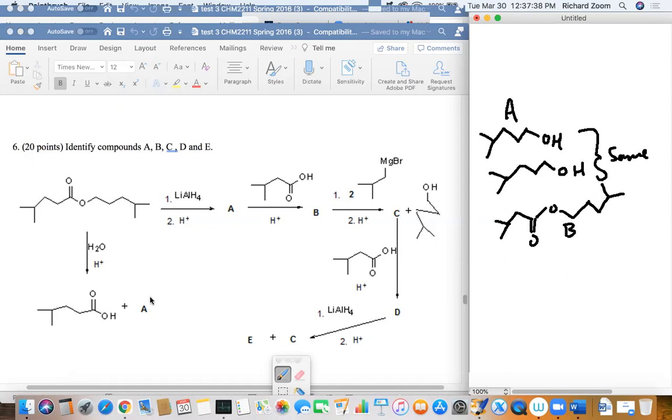Actually, I didn't even realize that. If you do the hydrolysis process on the thing you start with, you'll get this, and you'll get A. So A will already be the same thing. That's how it might help you with question 1, because you can already get A by other means. You didn't have to do it by remembering what this reaction was. So that's something to think about. Does anybody have any questions so far?